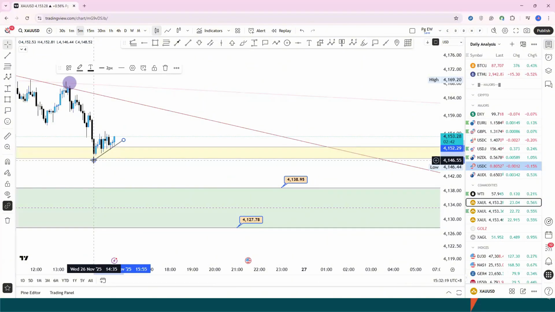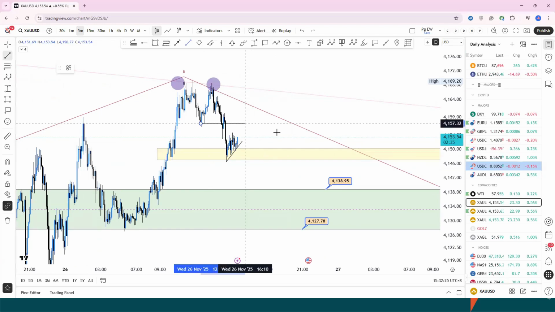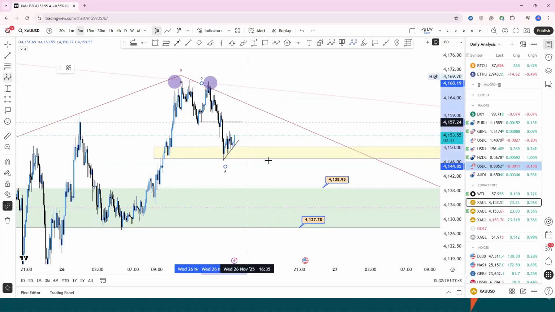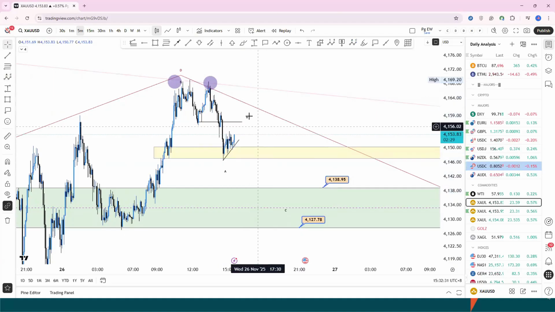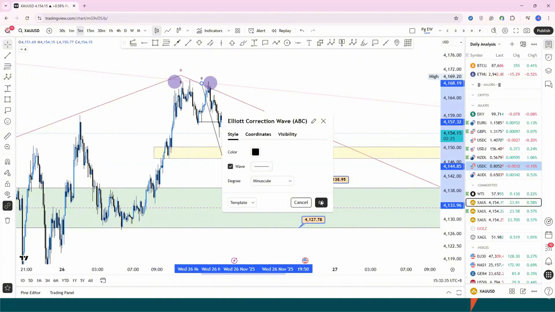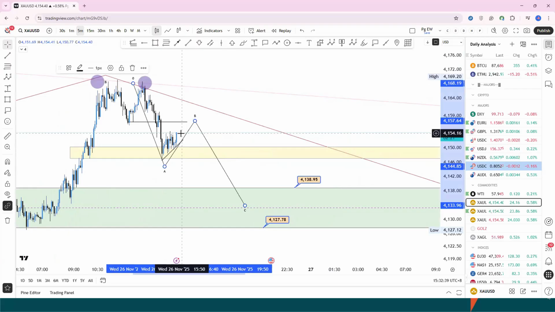Okay. It might pull back to this level, and then fall. So we need to wait for the price to form first. Okay. Is it going to be like that? We don't know, right?